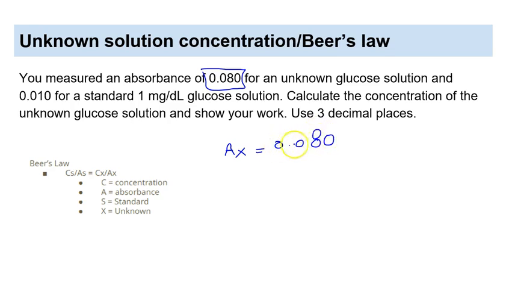And we know there is no unit for absorbance. And then we have the absorbance for our standard glucose solution as 0.0110. So the absorbance of our standard solution is 0.0110. Oh, let me fix my zeros.